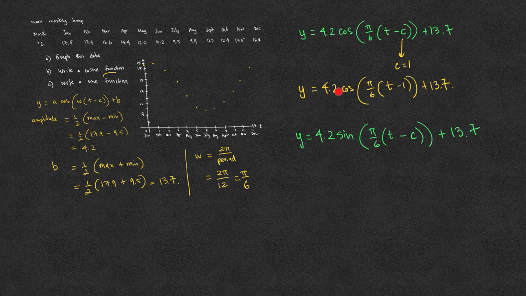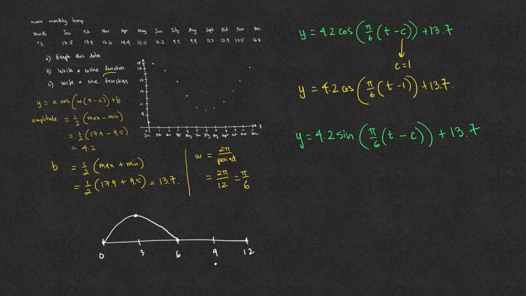Whether we use sine or cosine, the amplitudes are the same, the frequencies are the same, and the midlines are the same. What differs is the horizontal shift. Without the horizontal shift, the graph of sine will start in the middle, and then high, middle, and then low, and then middle. This is the 5-point technique to graph sine.